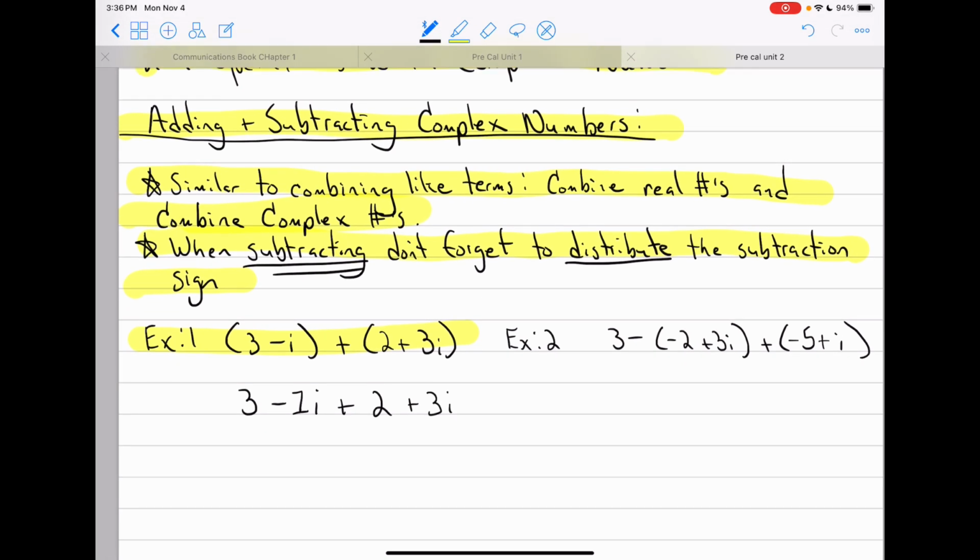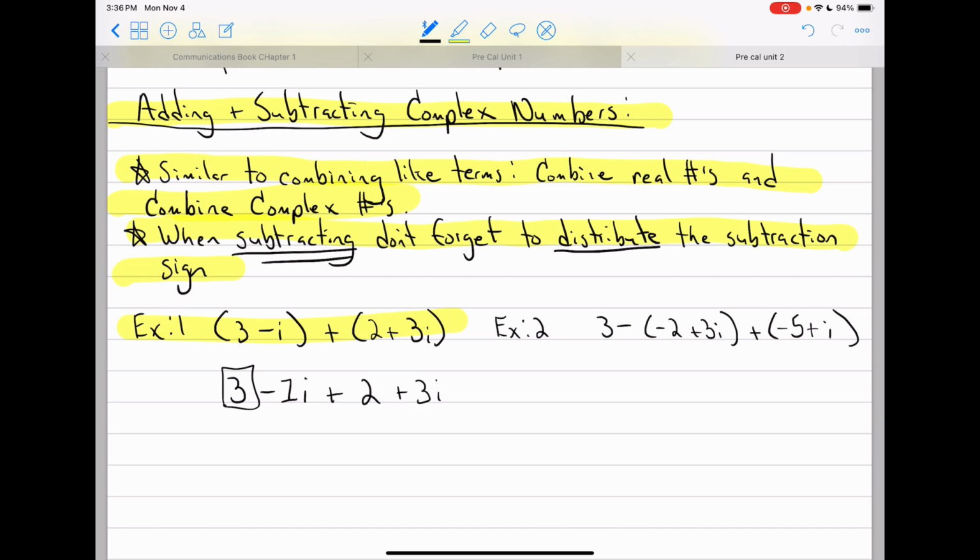What are your like terms? 3 and 2, those are your real numbers. So 3 plus 2 is 5. Then -1i and positive 3i: 3 minus 1i is 2i. 5 plus 2i. Easy peasy pumpkin squeezy.